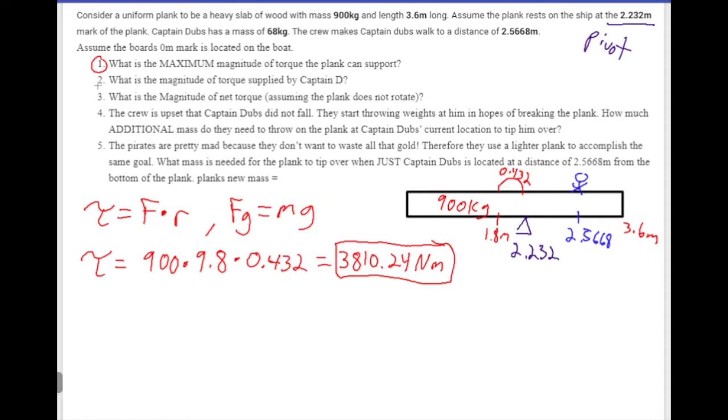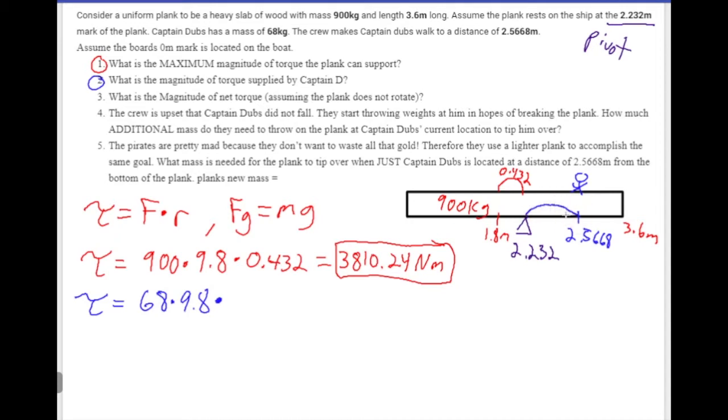Now we're going to take a look at what the magnitude of torque supplied by Captain D is. So torque, we know again, is force times the distance from the pivot point. Force is mass times gravity. So Captain D's mass is 68, his gravity is 9.8, and the R is the distance from the pivot point. So his distance is from here to here.